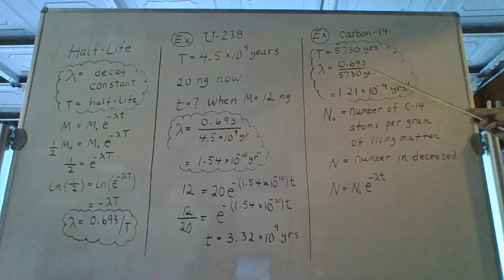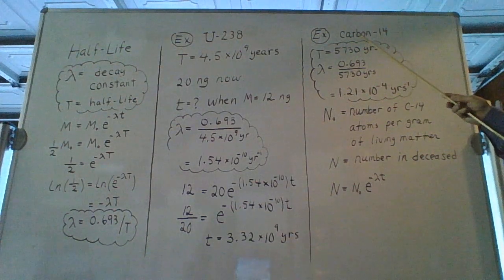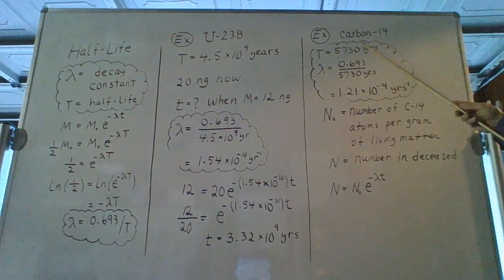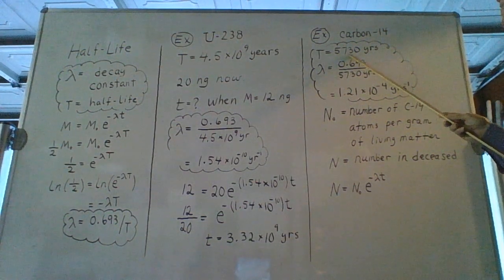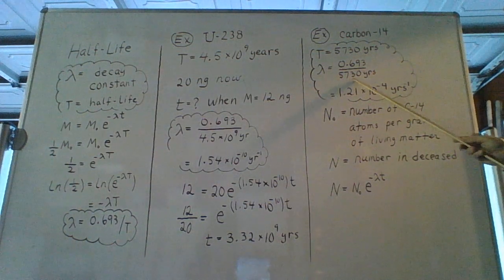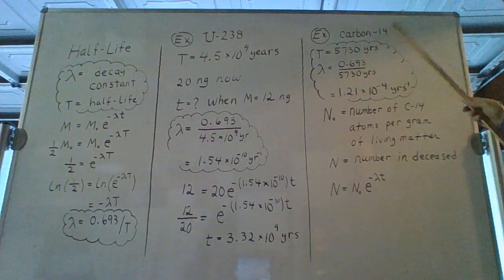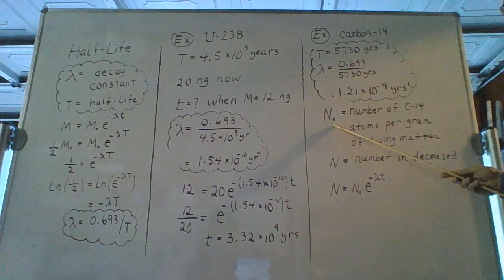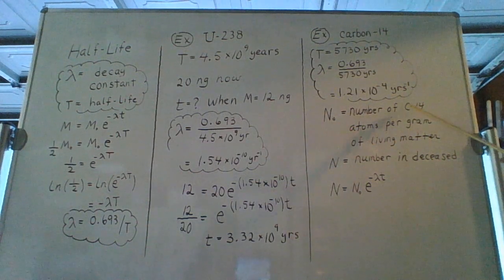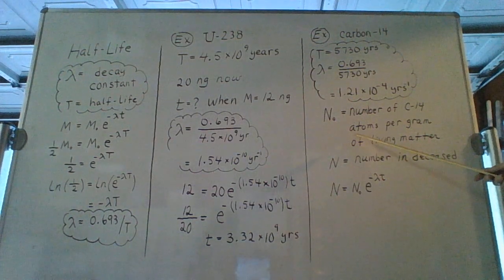First, we calculate using the known half-life of carbon-14, 5,730 years, to calculate the decay constant for carbon-14. Let n naught, or n subscript 0, be the number of carbon-14 atoms per gram in living matter of a certain type.